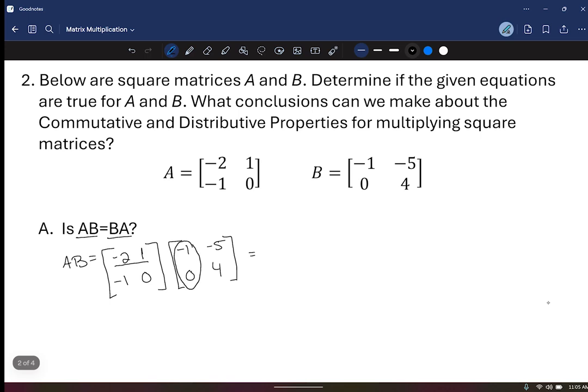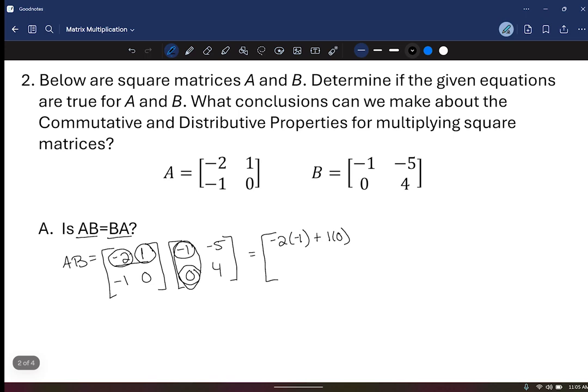So we do -2 times -1. So first number in the row and first number in the column. Then we do plus, and we're going to go second number, second number. So 1 times 0. So that was the first row, first column. So this is going to go in the first row, first column.